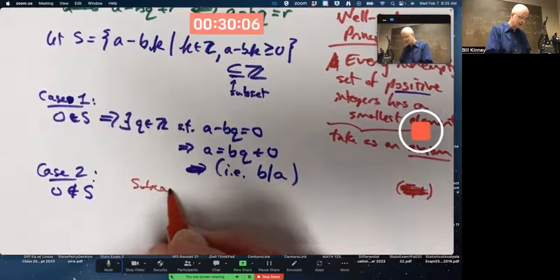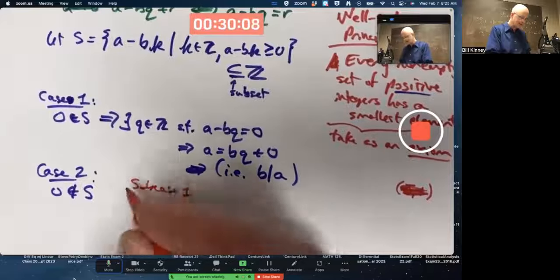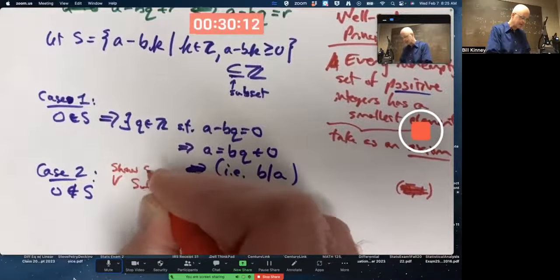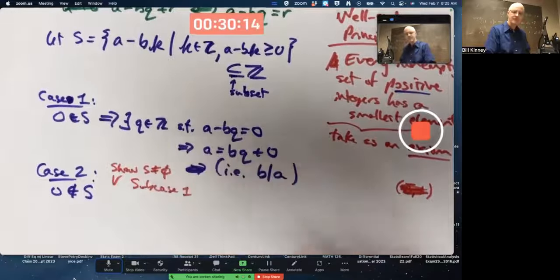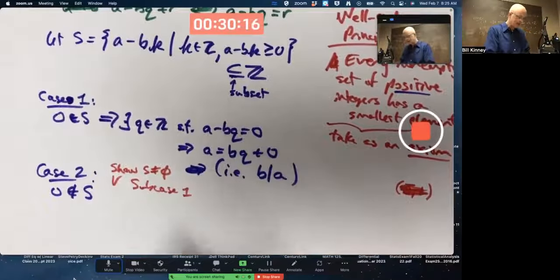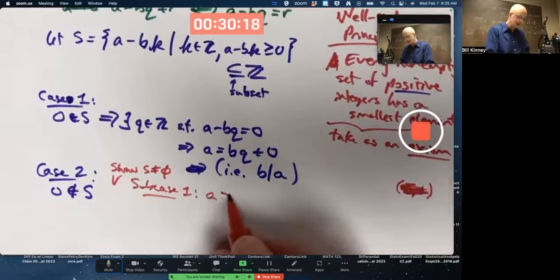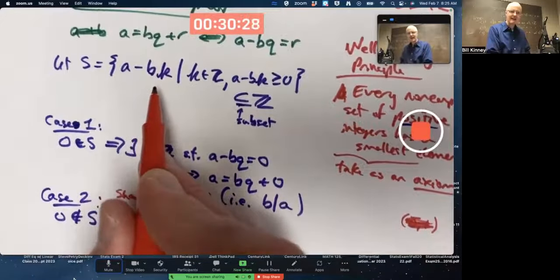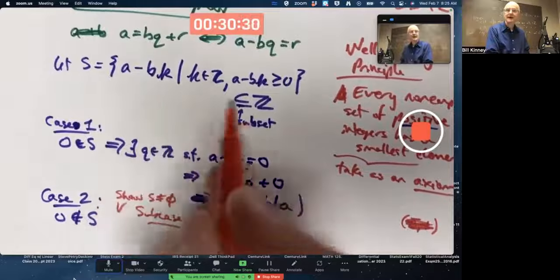Subcase 1, we need to show S is non-empty. Subcase 1, A is positive. Will this set contain any positive numbers? Will it be non-empty?